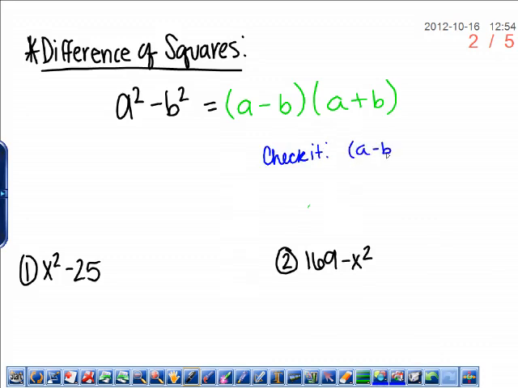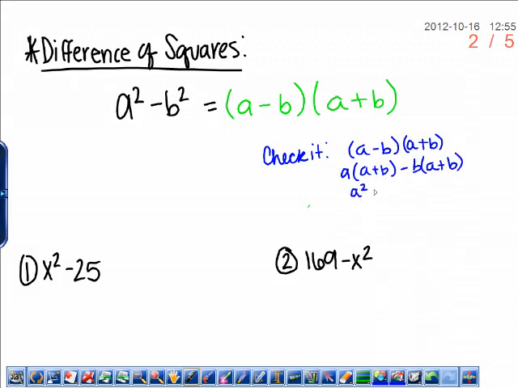Let's go ahead and multiply a minus b times a plus b. So I'm going to have a times a plus b minus b times a plus b.